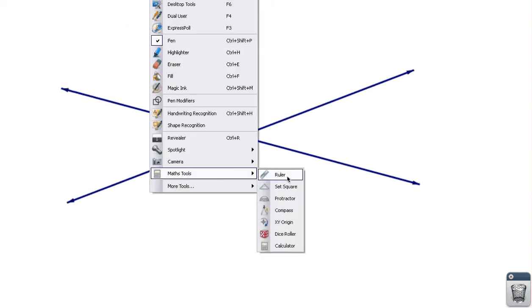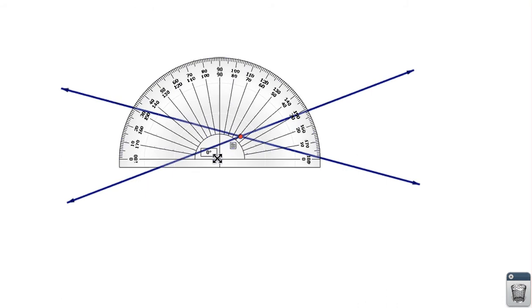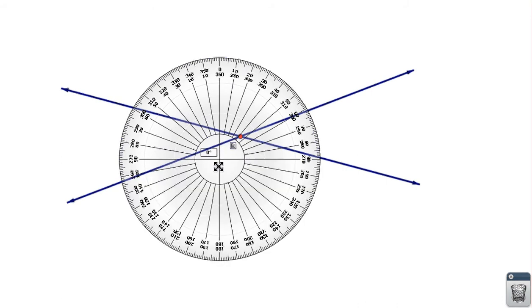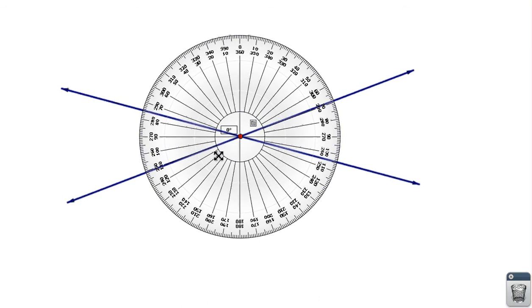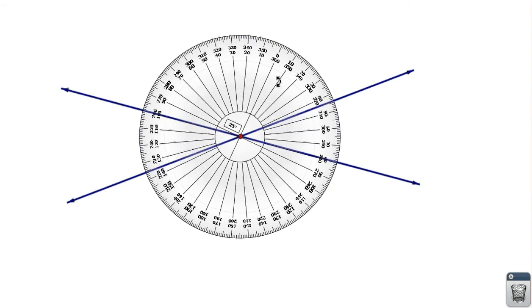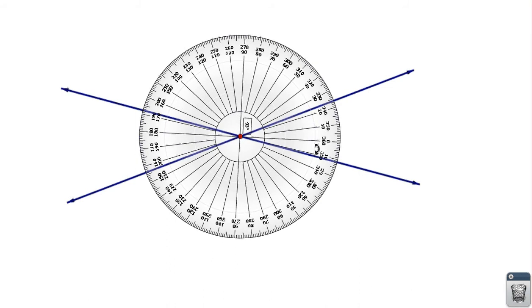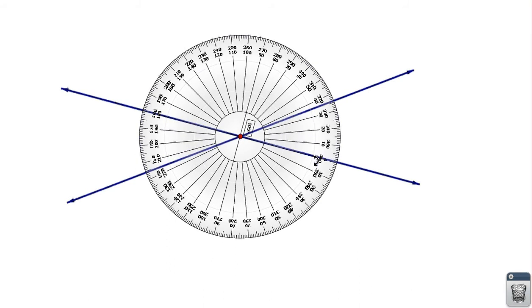Let me just wheel out my protractor here, and I'll set the protractor so that it aligns with the vertex where the lines intersect. And let me just rotate this protractor around so that the 0 marker aligns with this line right here. Okay. So let me go ahead and take my marker here, and I'll rotate this point around until it lines up with that other line.